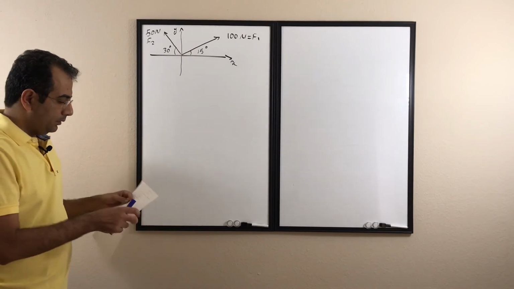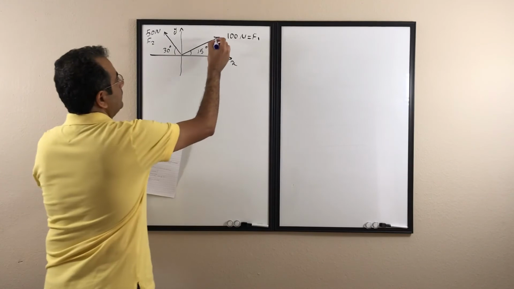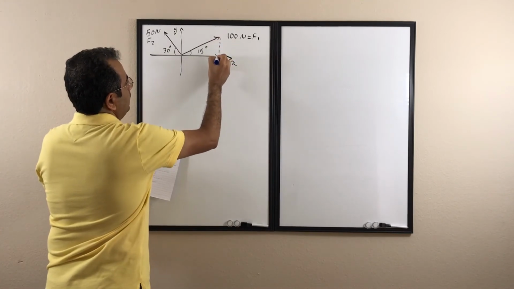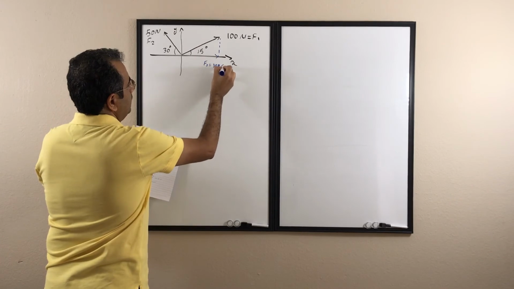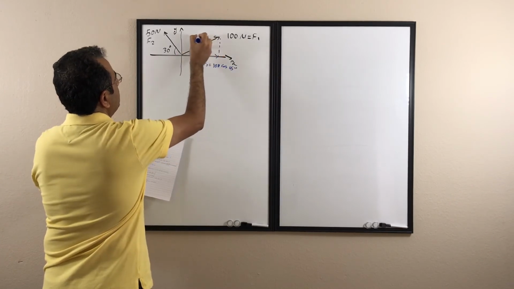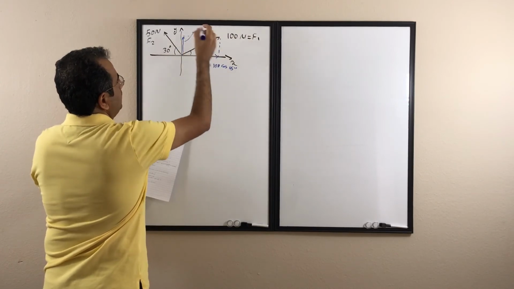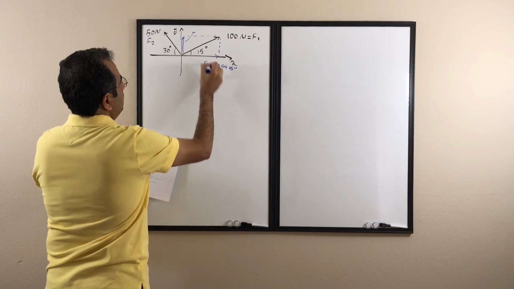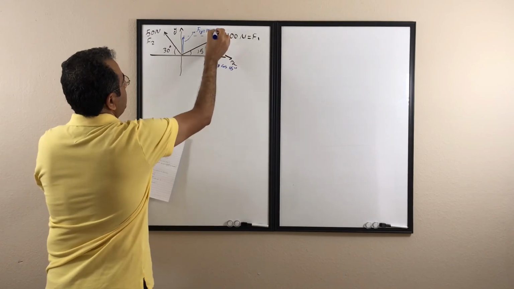So one thing we are going to do is first find the components of each of them. So this one, F1x, is going to be 100 cosine 15 degrees, and F1y is going to be 100 times sine 15 degrees.